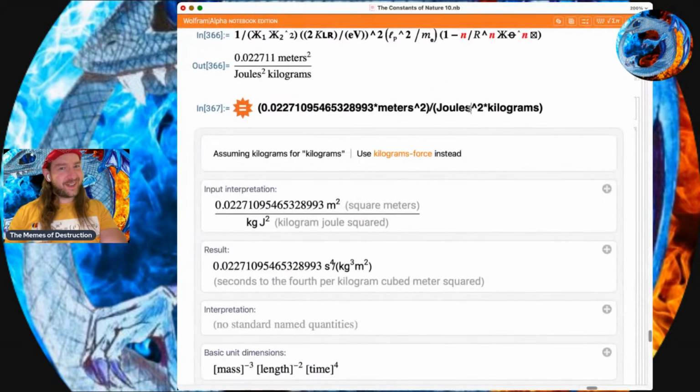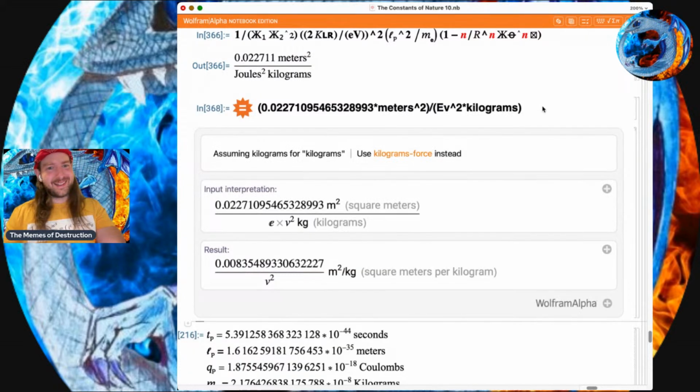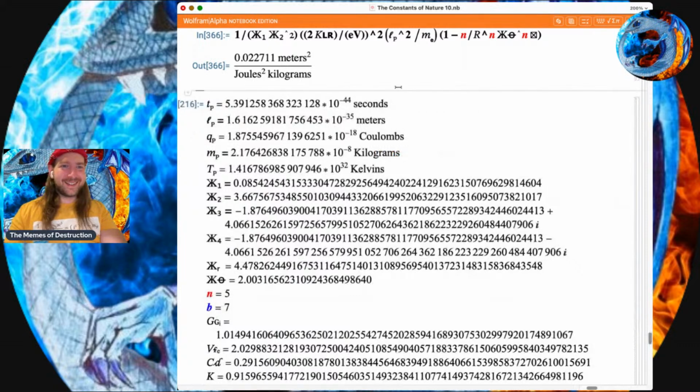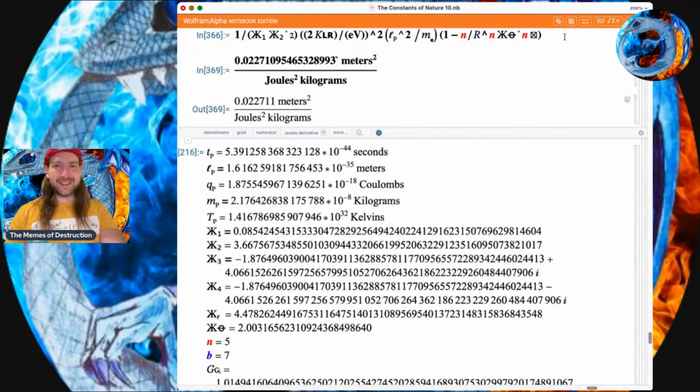Hold on. If I change this to electron volts, let's see. Oh, meter square per kilogram. Okay. Oh, that changed it. Okay, but that's not what we're looking to do. Hold on.